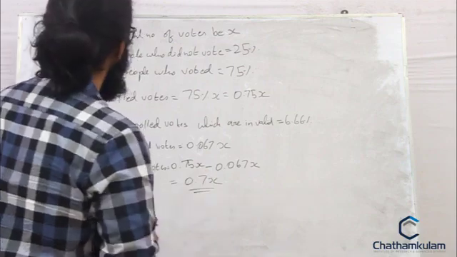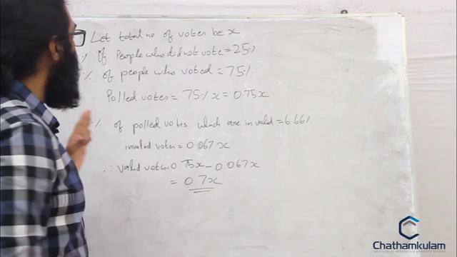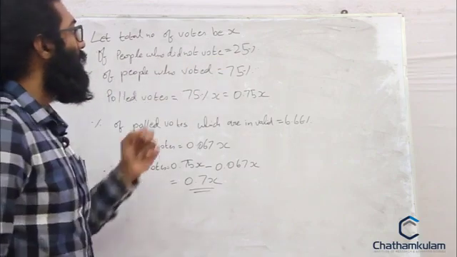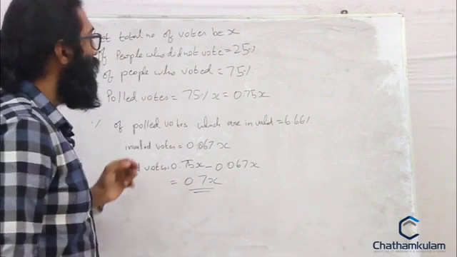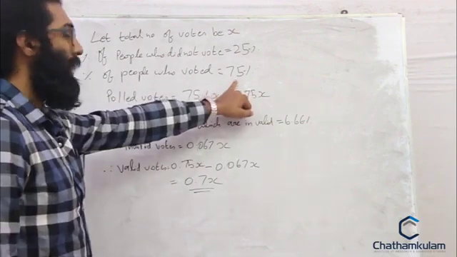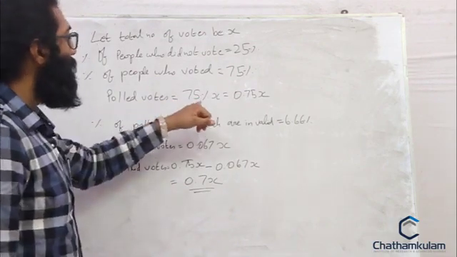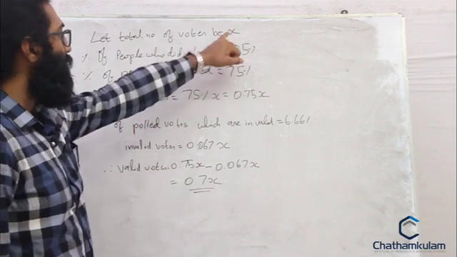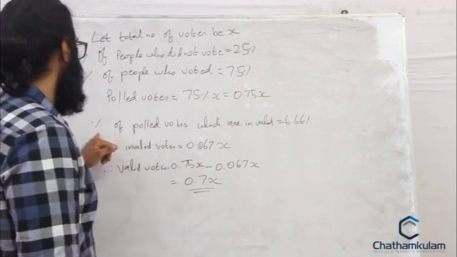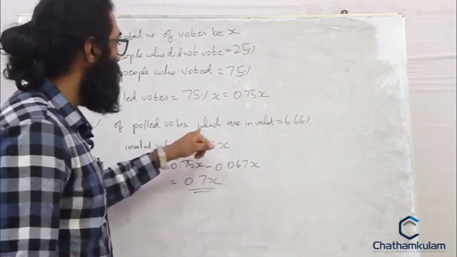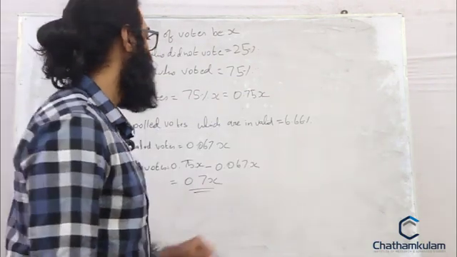So first I will just explain once more. First, let the total number of votes be x. The percentage of people who did not vote is 25%, and therefore the percentage of people who voted will be 75%. Then polled votes will be equal to 75% of x, which is 0.75x. Then the percentage of polled votes which are invalid is 6.66%.